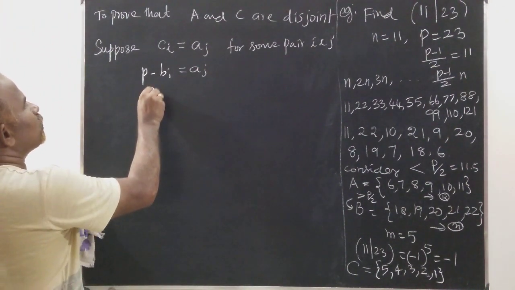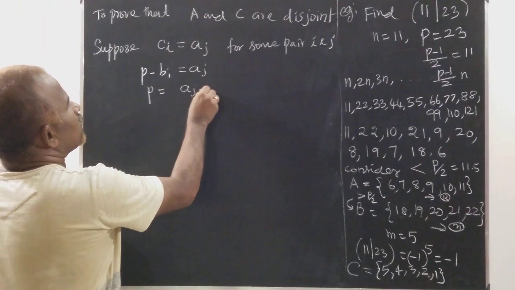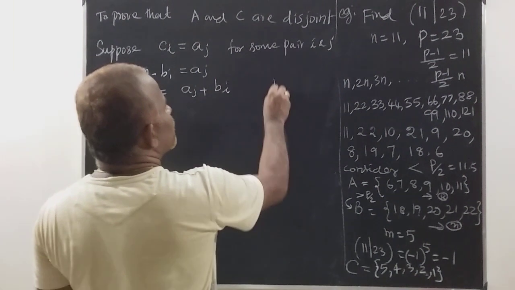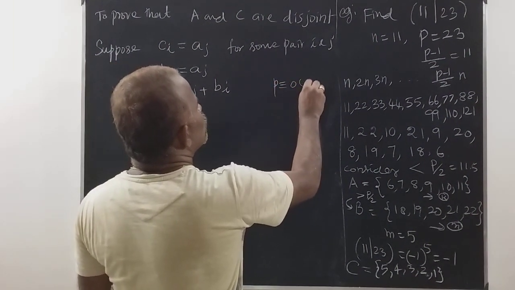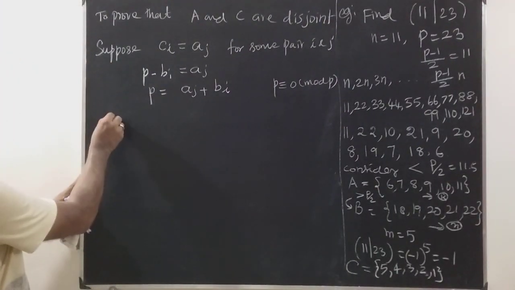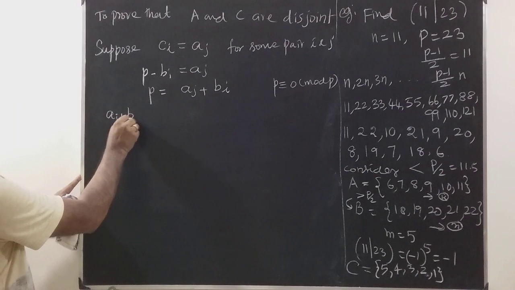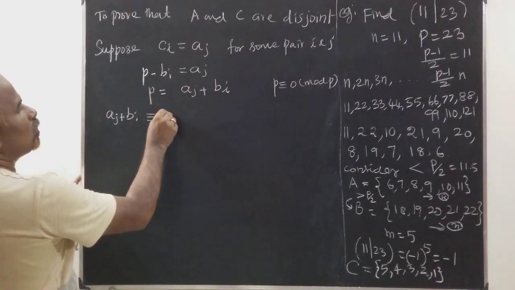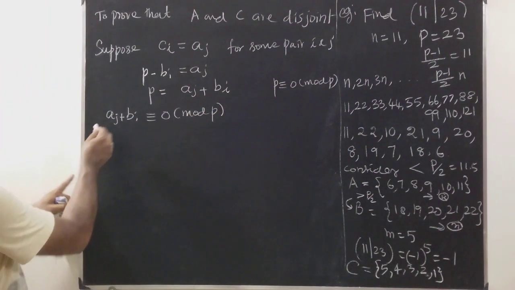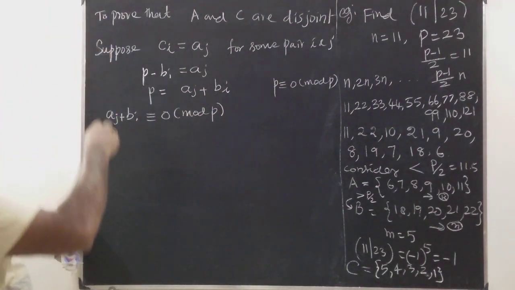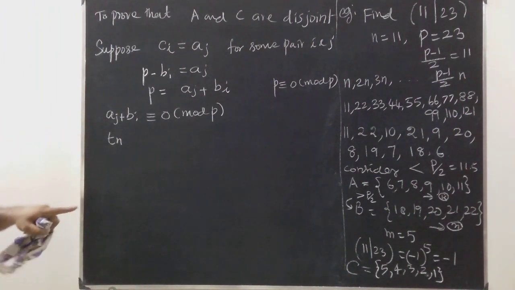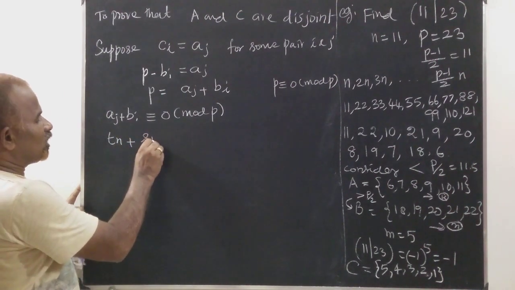So therefore P is equal to Aj plus Bi. So we know that P is congruent to 0 mod P because P divides P. So instead of P I am taking Aj plus Bi is congruent to 0 mod P. Each element of A is congruent to Tn, and each element of B is also congruent to Sn.